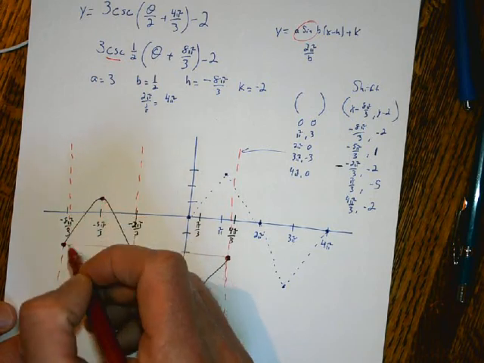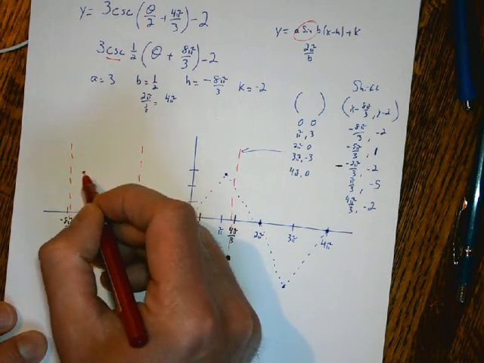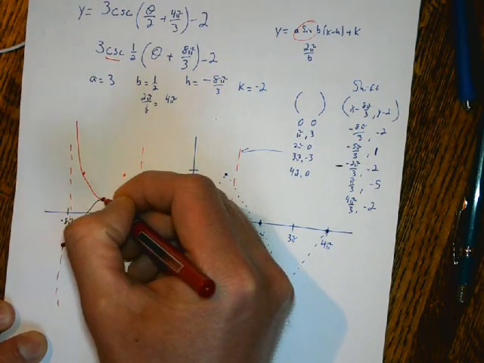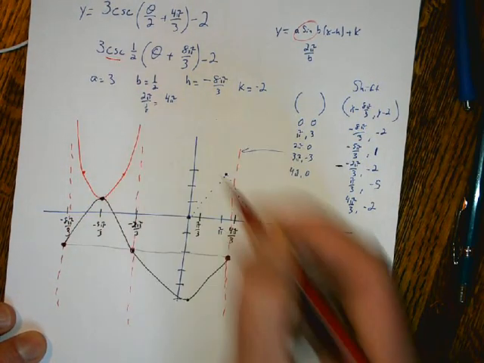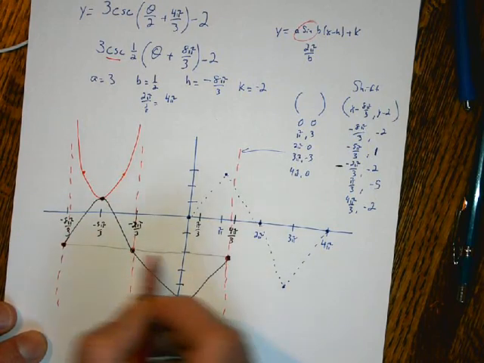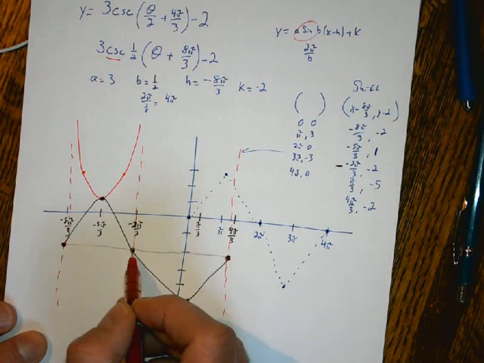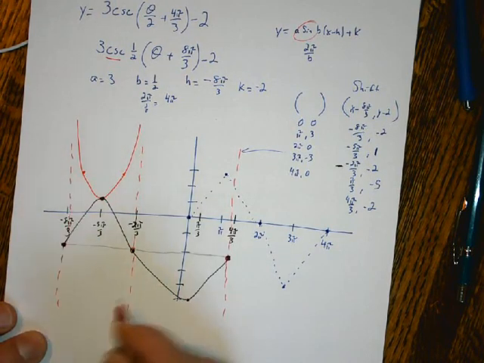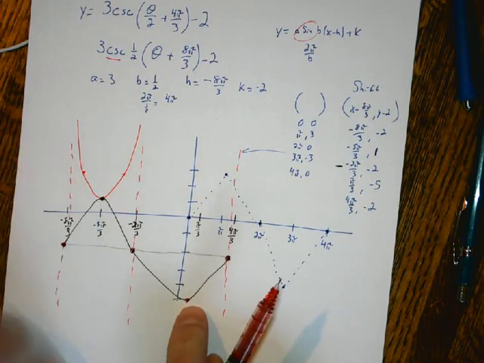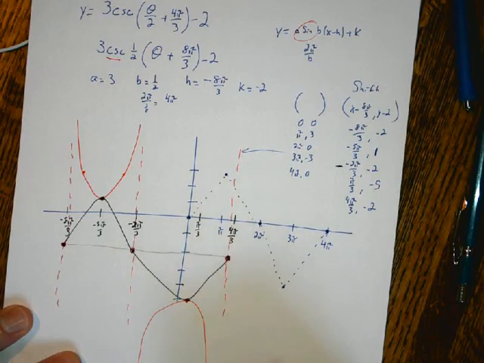Somewhere between here and here is halfway, which means it has to blow up and blow up. So what happens here for cosecant graphs, once you get your 3 that are on the same horizontal line, those 3 points become asymptotes. The other point then, the peak or the dip, they blow up the other direction.